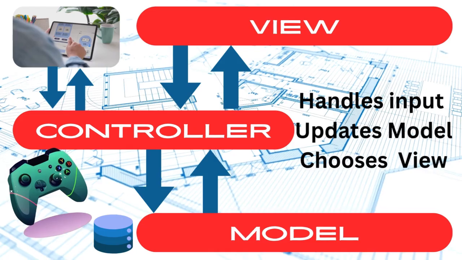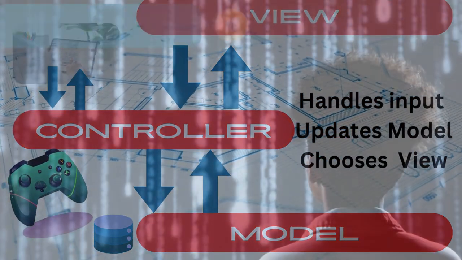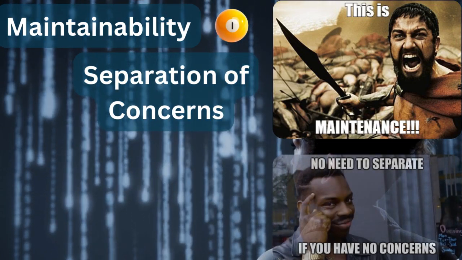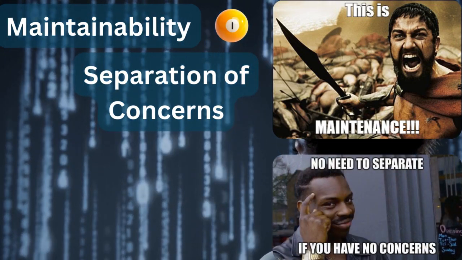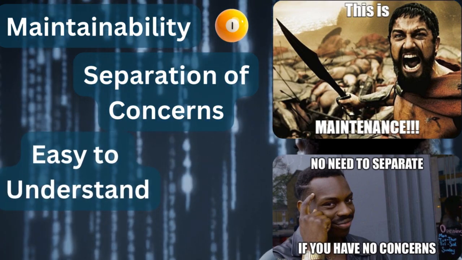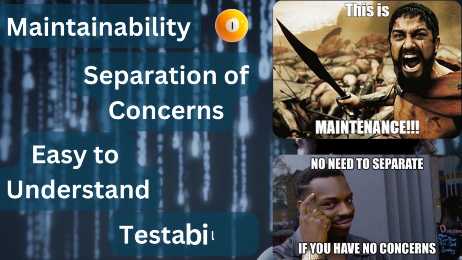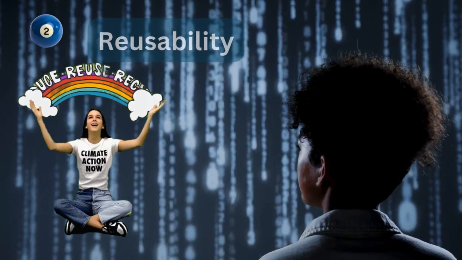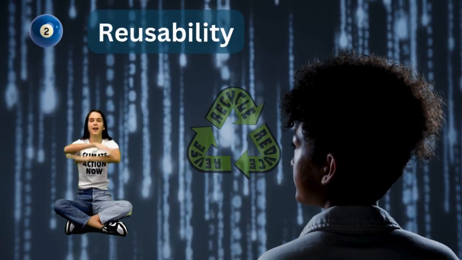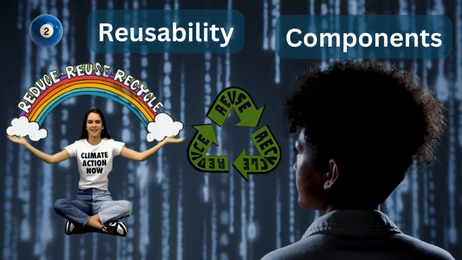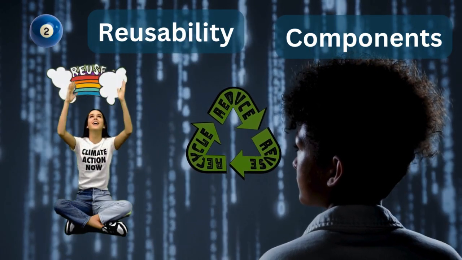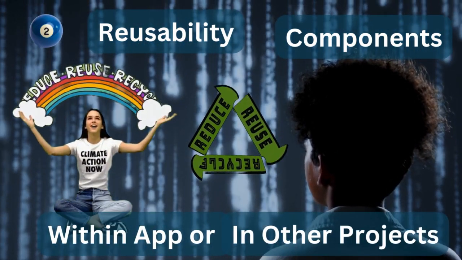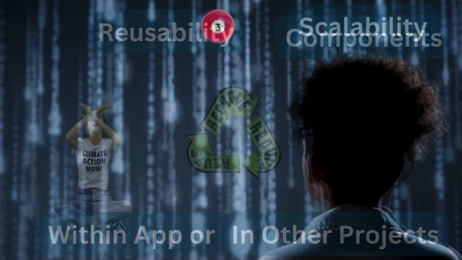Now, why do we care about MVC? First, it improves maintainability by separating concerns, so that MVC can make our code easier to understand, and also easy to test and modify. Number two, it enhances reusability. Think about those components that can be reused in different parts of your application or in other projects altogether. Number three, it's better for scalability.